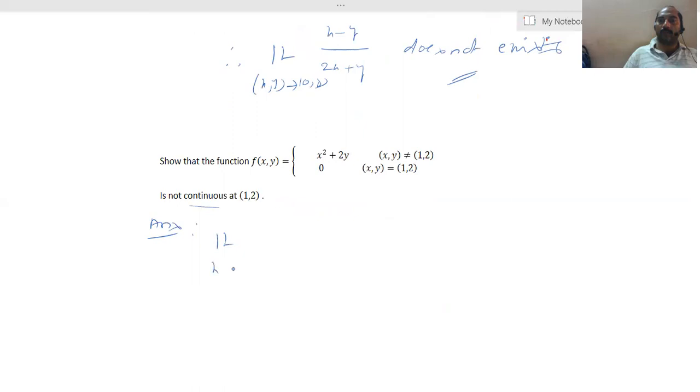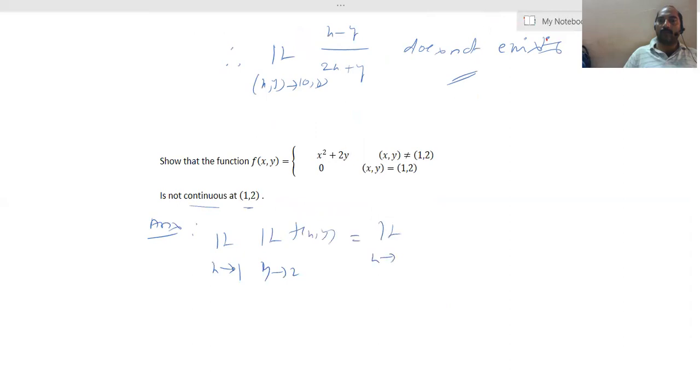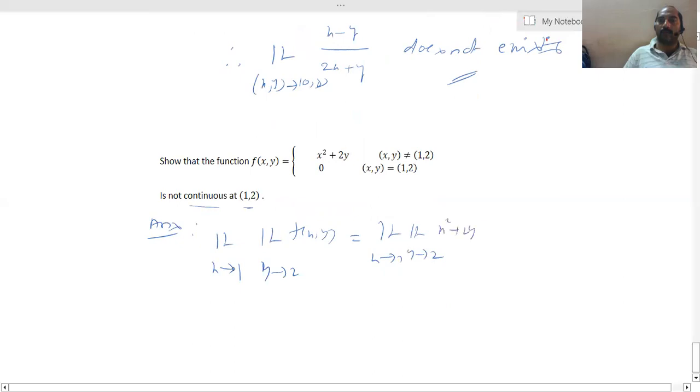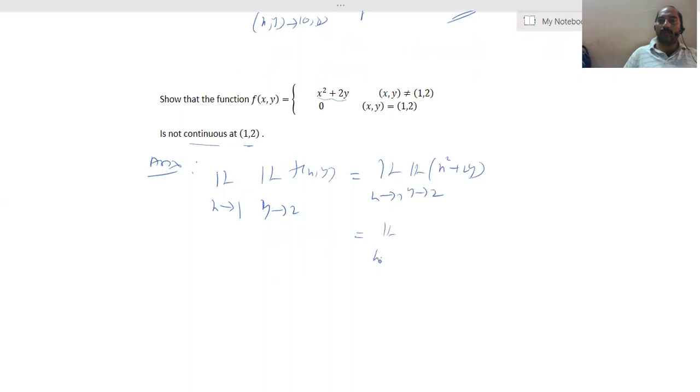As usual. Here also, the point is 1 comma 2, not origin. Limit x tends to 1, limit y tends to 2, f of x comma y. The f of x comma y value is x square plus 2y. Tends to means not equal; it is nearer but not equal. x tends to 1.